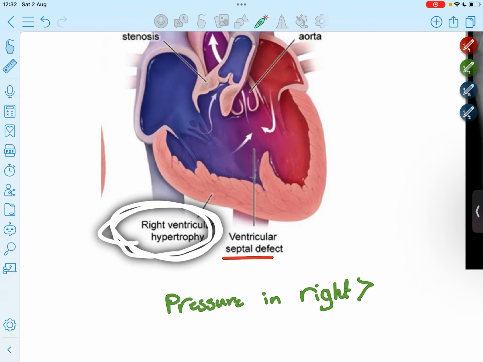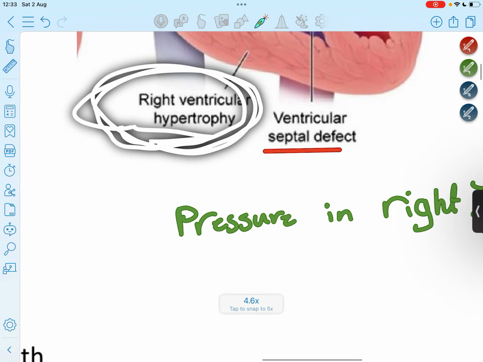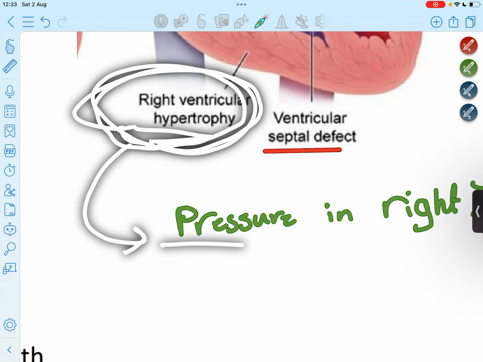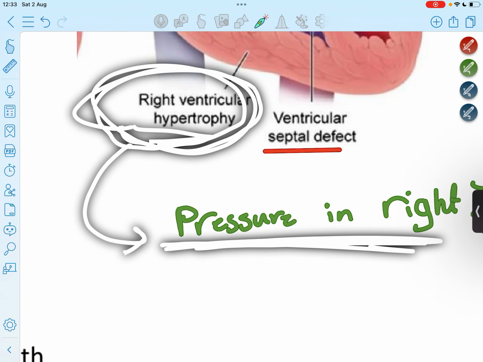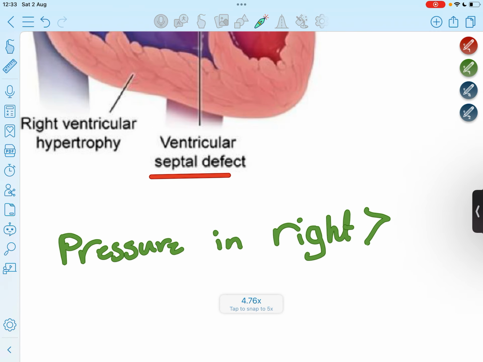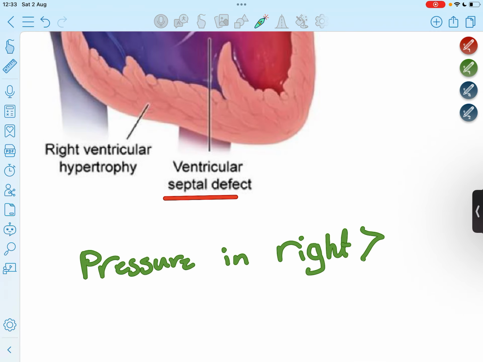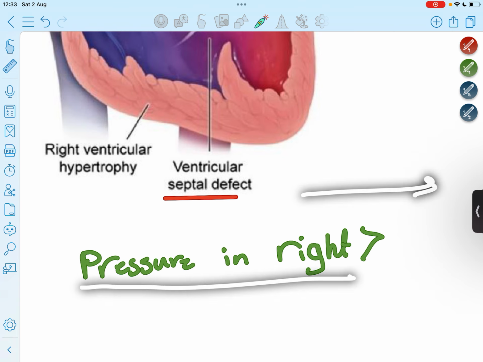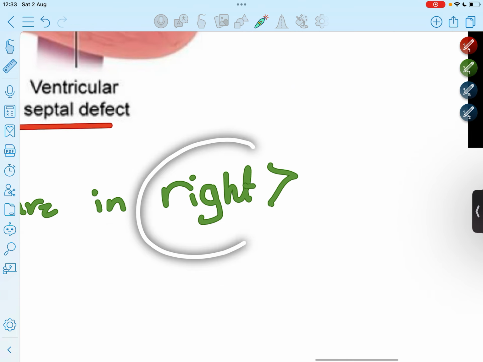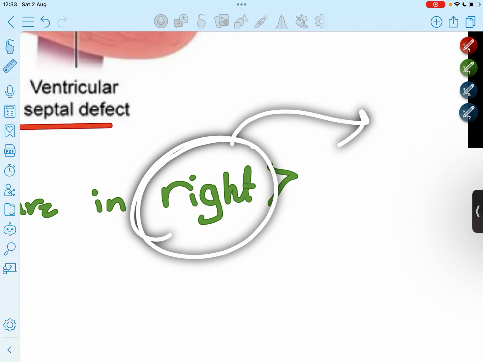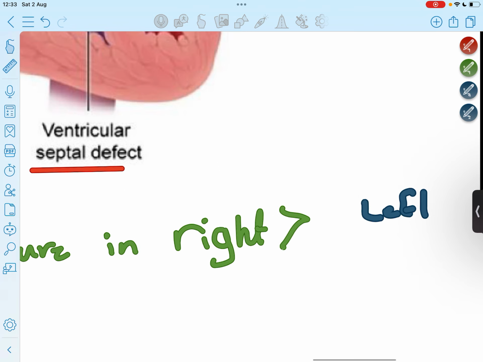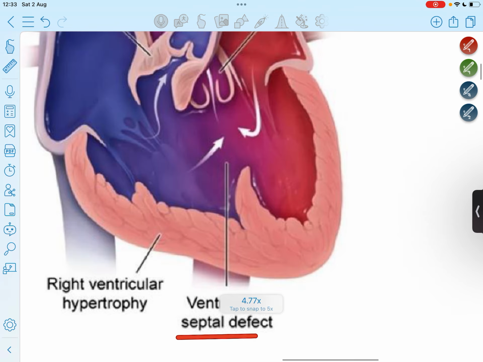When we have right ventricular hypertrophy, it creates pressure on the right side. So the blood will move from the high pressure to the low pressure, from the right to the left.